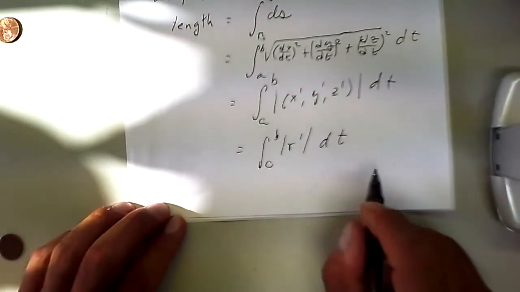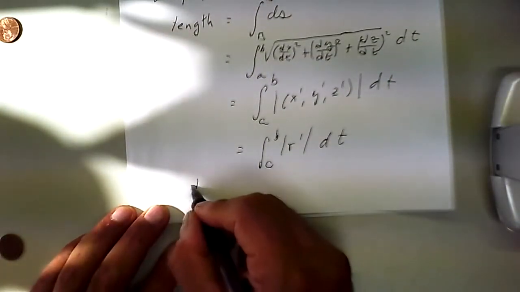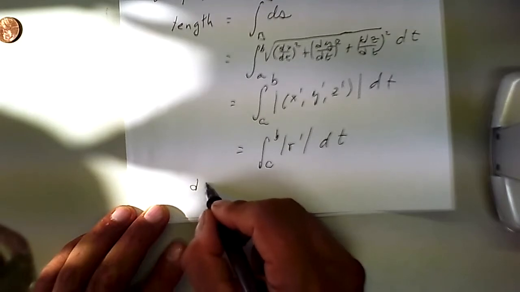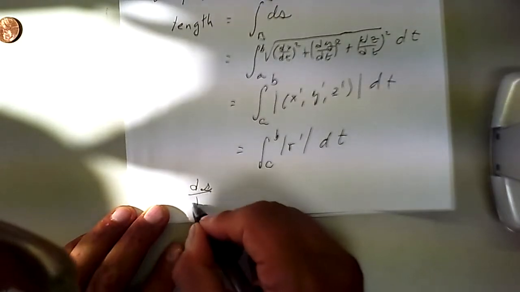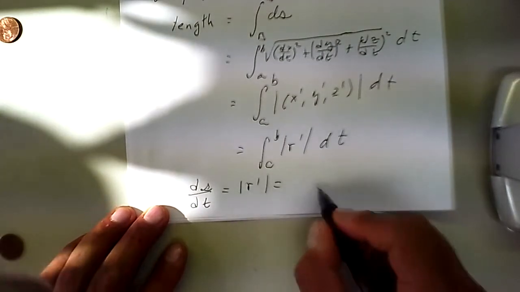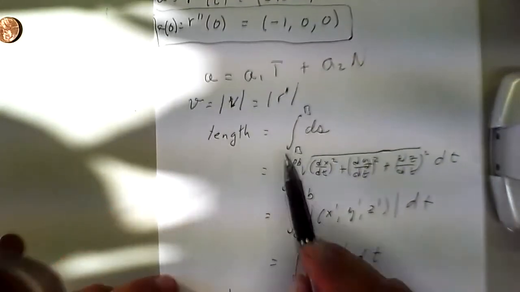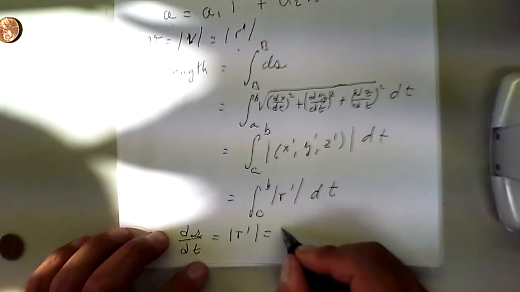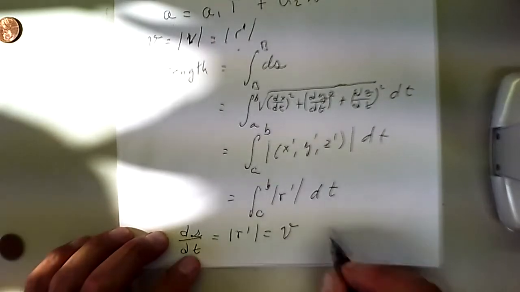The consequence of this is that if we take the derivative of s with respect to t, we end up with r prime, which, by the way, is v.